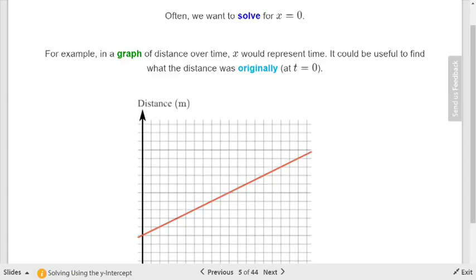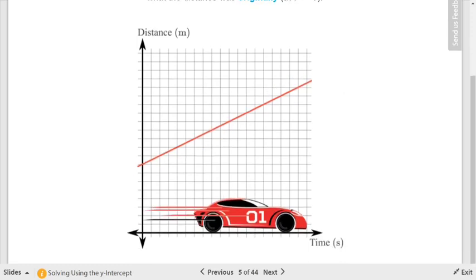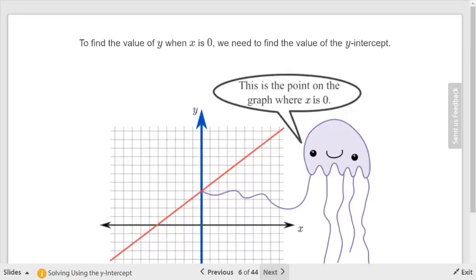Okay? And that's pretty easy to do because if x is 0, that's the place where the line is crossing which axis? The y-axis. In other words, if x is 0, that's simply called the y-intercept, right? So we already know how to do that. And it's a really important piece of the graph. It can answer a lot of questions, and we're going to use it to answer questions in this section.